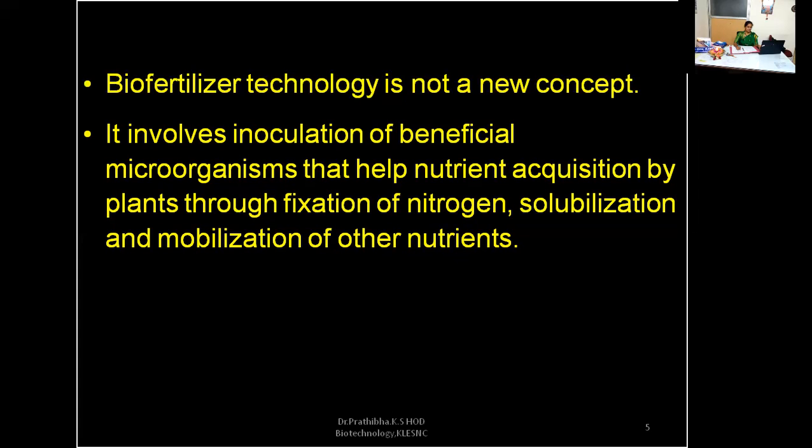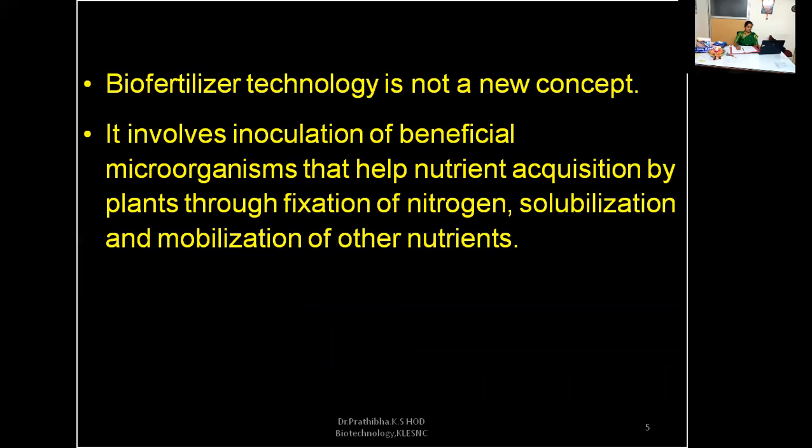Other than that, solubilization and mobilization of other nutrients will all be played by the microorganisms. For example, the most important one is nitrogen fixation, which is the process of molecular conversion of dinitrogen into nitrogen compounds, right?